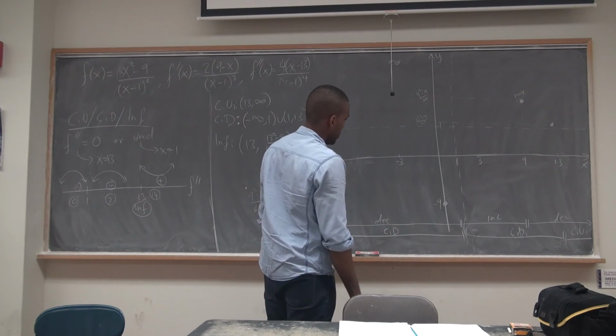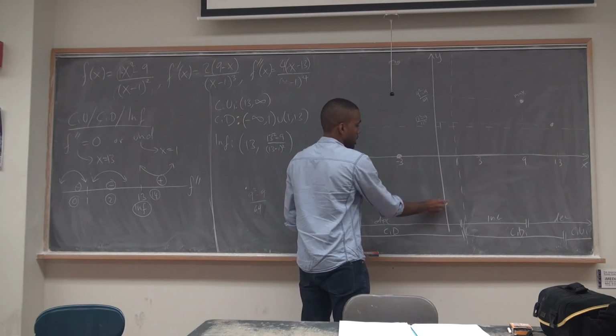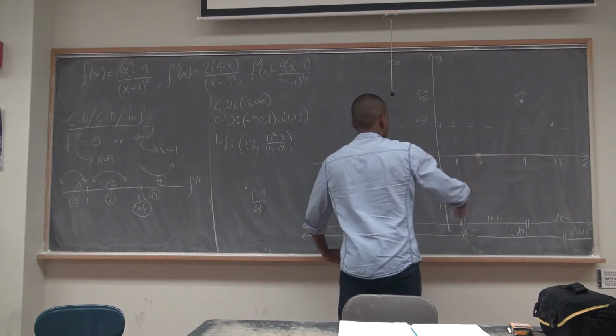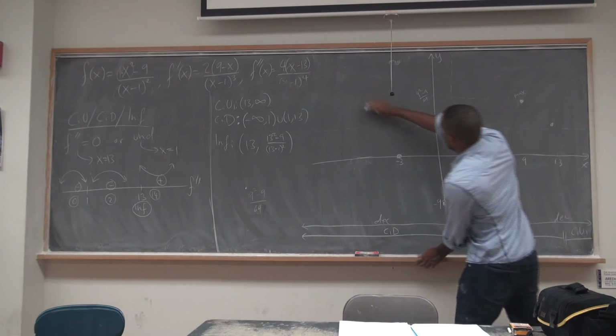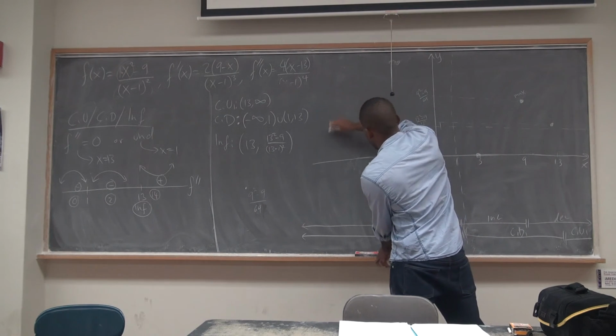So I need to be decreasing, concave down, and I need to pass through this point and that point. Concave down means down like a frown.